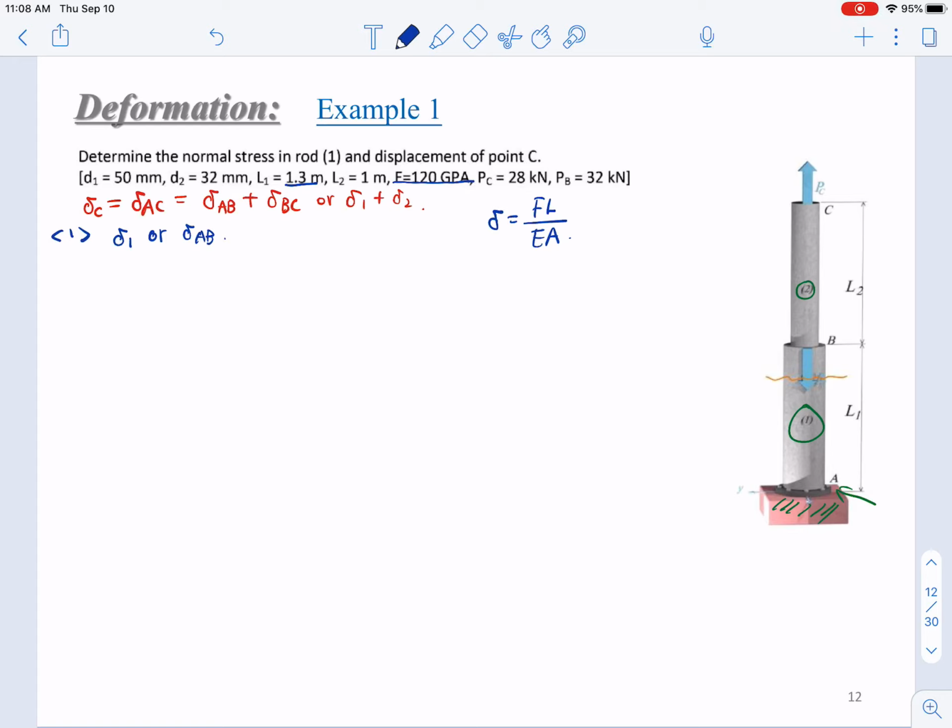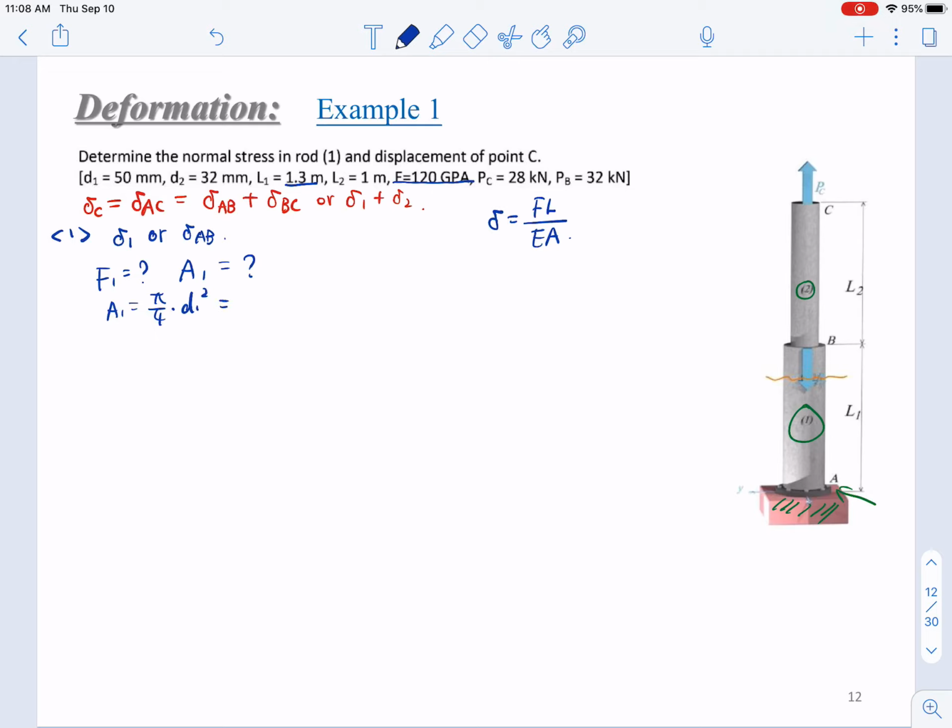F1 we don't know. So here is a F1 we don't know, and A1 we just need to do a basic simple calculation. Okay? So the A1 is just pi over 4 times D1 square. Okay?